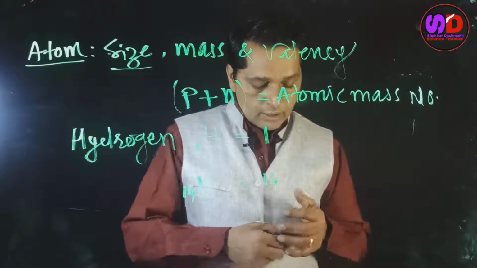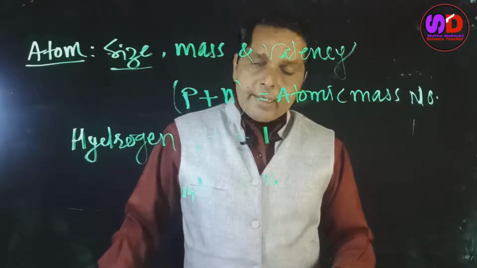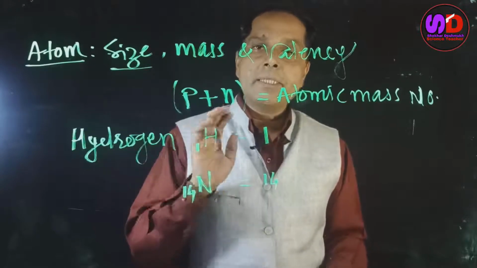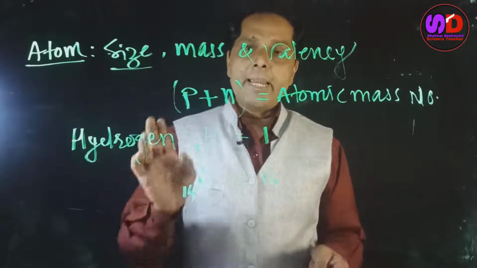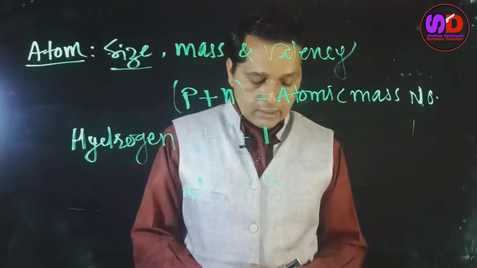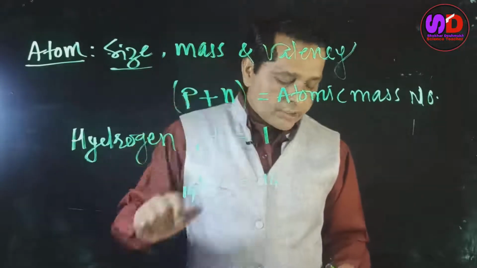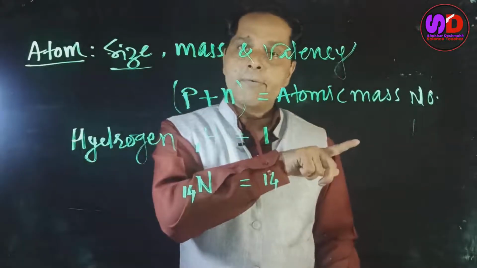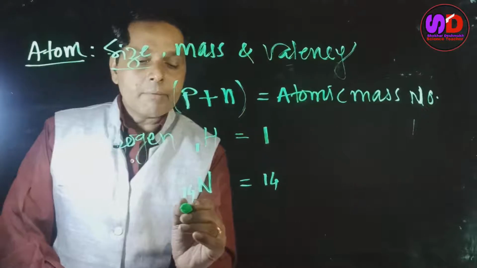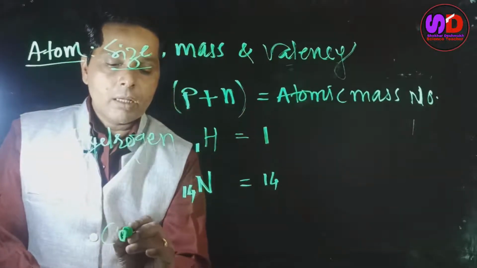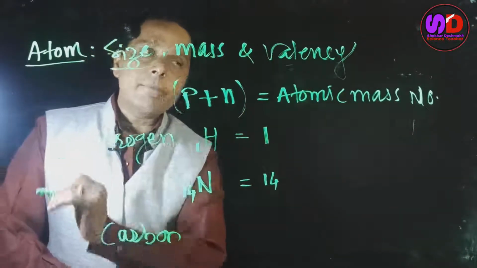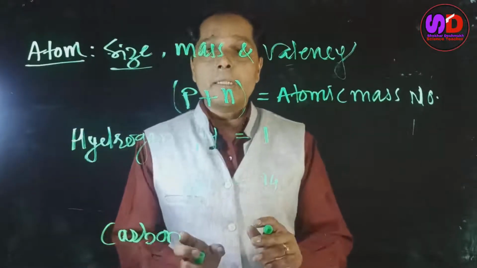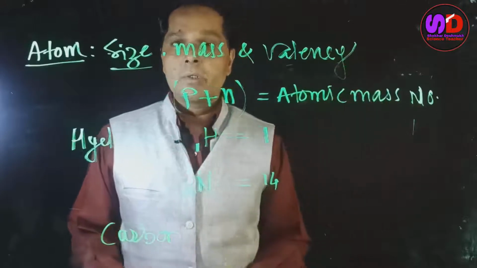Finally, there are so many atoms that were considered as a reference atom. But in 1961, finally, the carbon atom was selected as the reference atom. First they considered hydrogen as a reference atom, then the carbon atom was taken as the reference atom to measure the mass of any other atom.